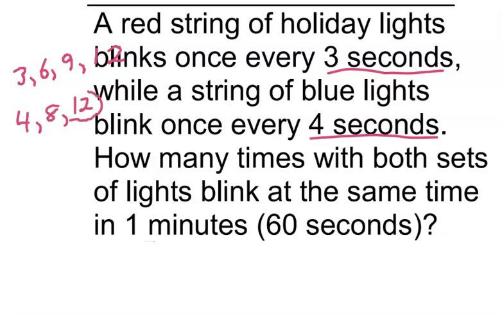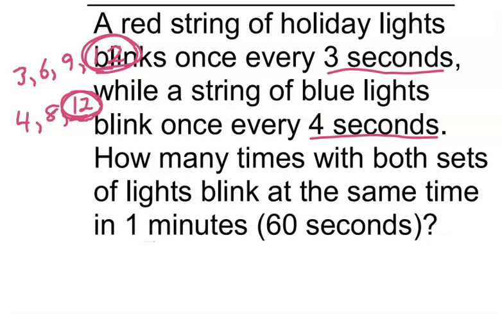Well, if we're finding the least common multiple of the two, it's 12. Okay, which means every 12 seconds, the lights are going to blink at exactly the same time.